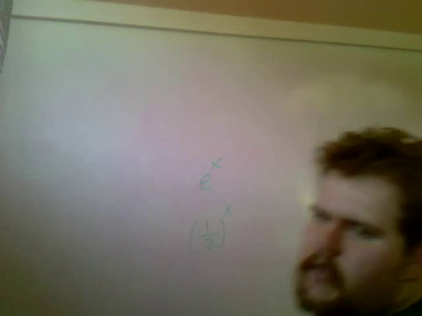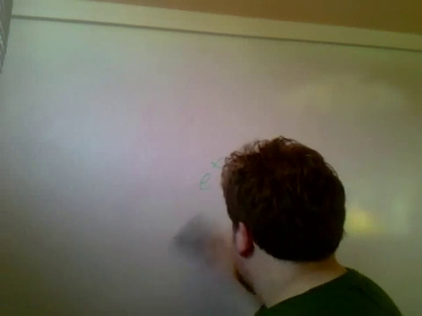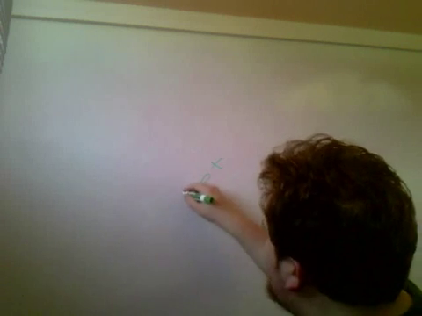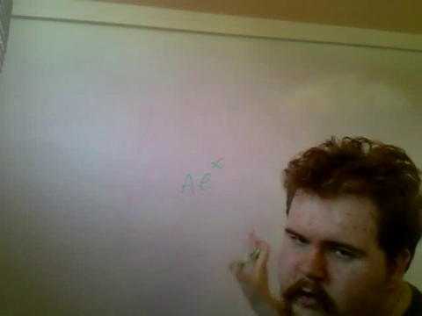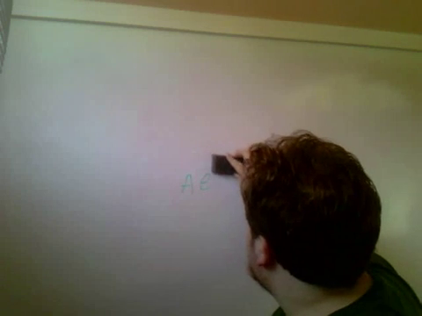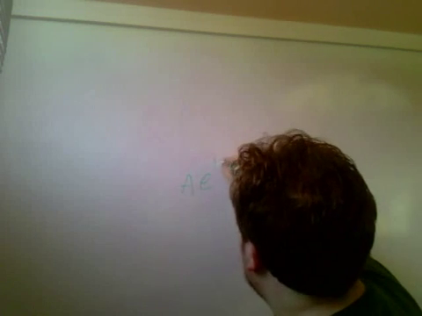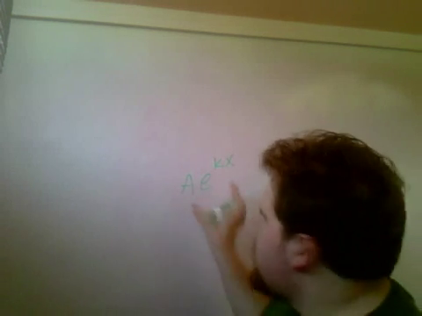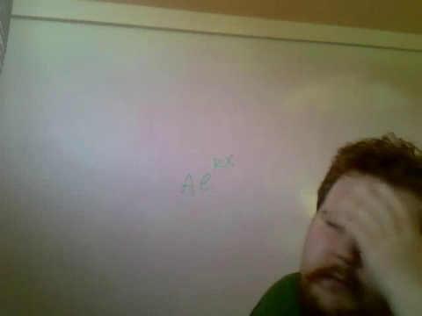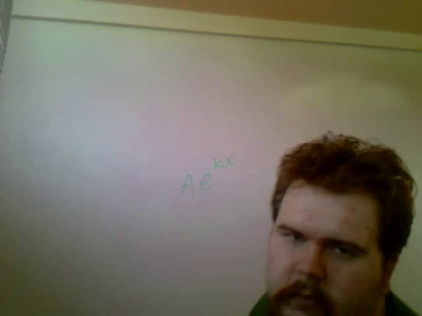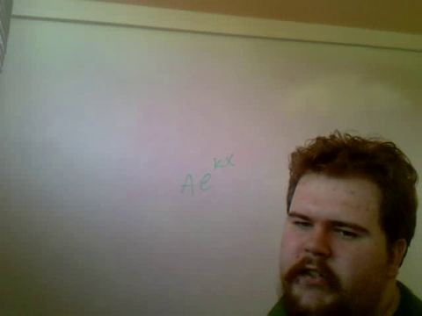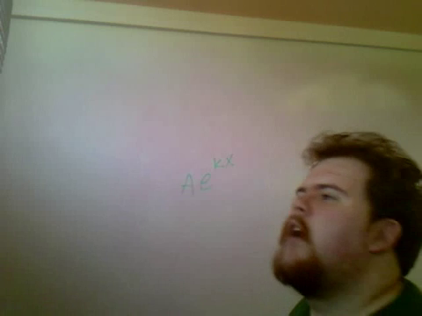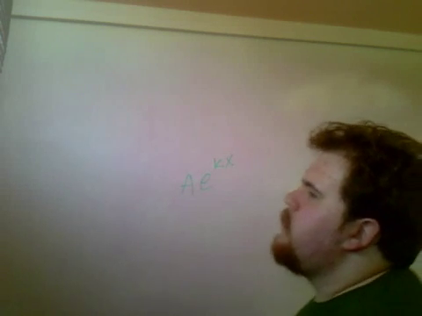So e to the x is important. In general, it takes the form of some constant a times e to the kx, where k is another constant. And these two constants will depend on some sort of physical constraints, some sort of physics or chemistry or whatever the subject you're dealing with. Population, possibly, if you have an exponentially growing population.